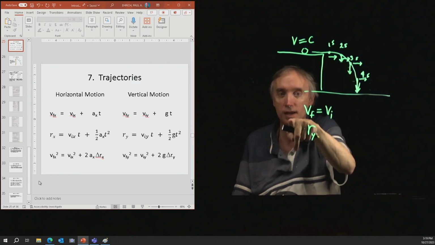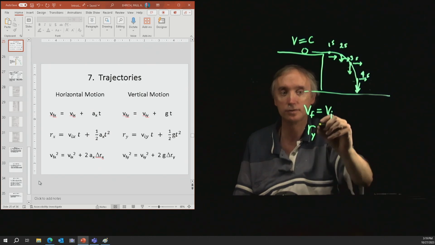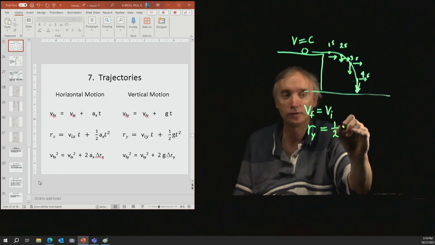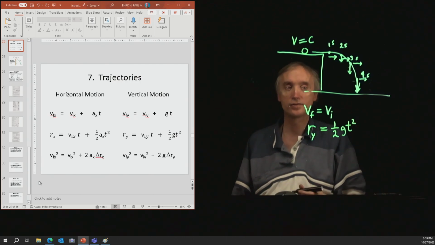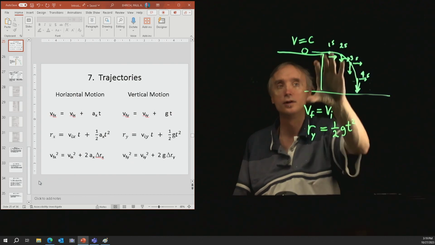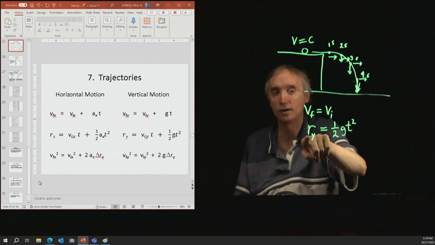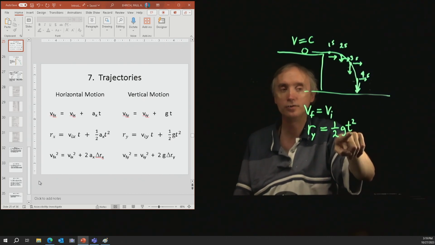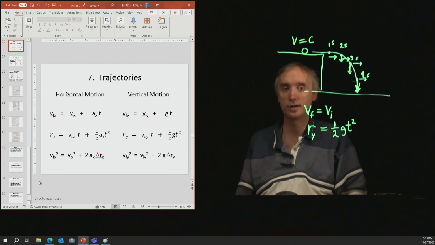So that means it has 0 initial velocity in the up and down direction. So all that you've got left is the 1/2 g t squared thing. And so if you know the height of the table, then you know the r. And then you can solve it for the t.